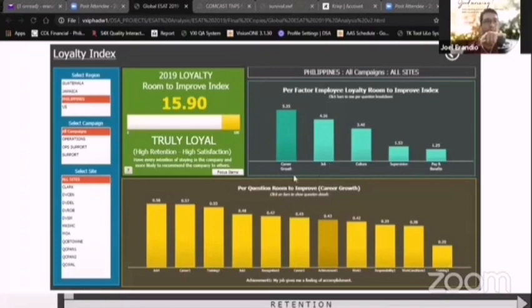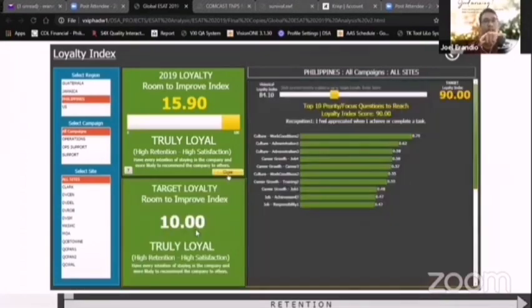Or better, we can combine all the questions and then form, actually, ginawa na namin ito, gumawa na kami ng calculator so that we can check at what particular point yung improvement na magagawa if we address these questions. For instance, your target is 90. Your current state is around 84.